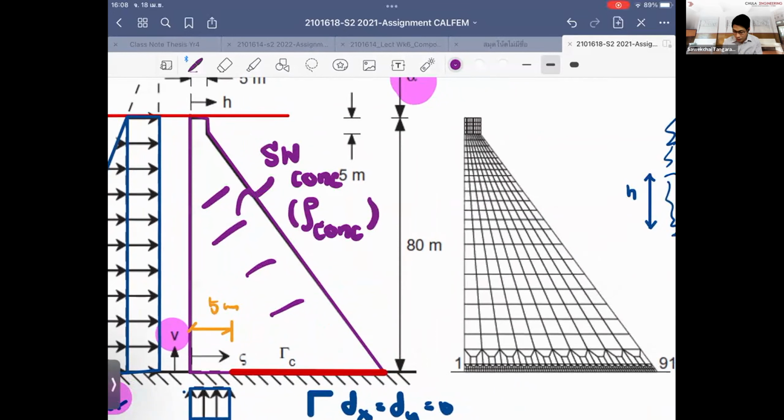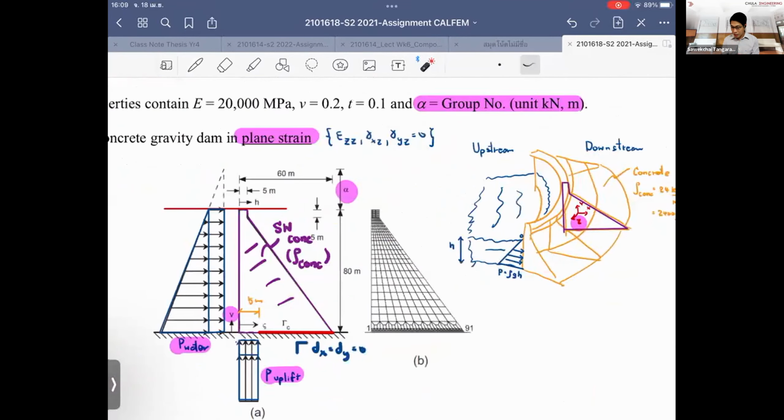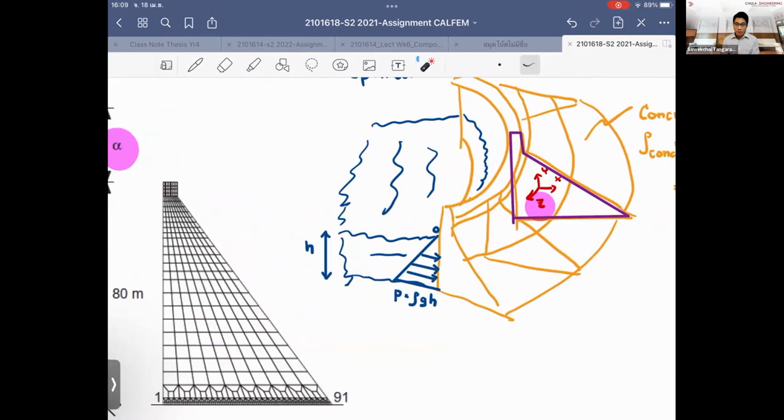So I tell you the concrete density is equal to 24 kilonewton per cubic meter, or 2,400 kilogram per cubic meter. So in total, we give you the resisting force. The resisting force that resists the hydraulic or the water pressure, the only one is the concrete selfweight, which is huge. If you're looking at this, it's a huge mass of concrete that tries to resist the hydraulic force that comes from the water.